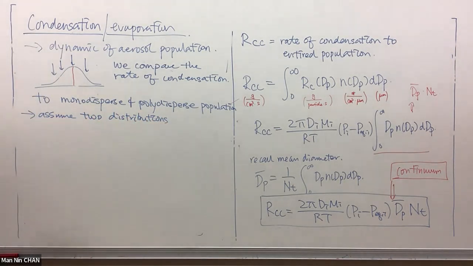Let's say the monodispersed and polydispersed populations have the same total property.